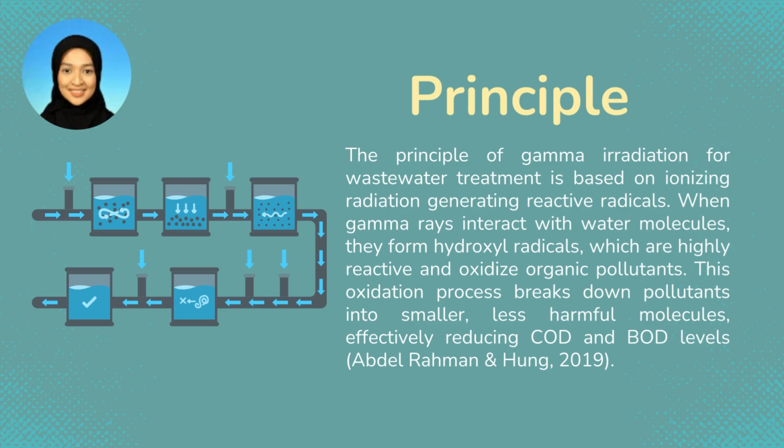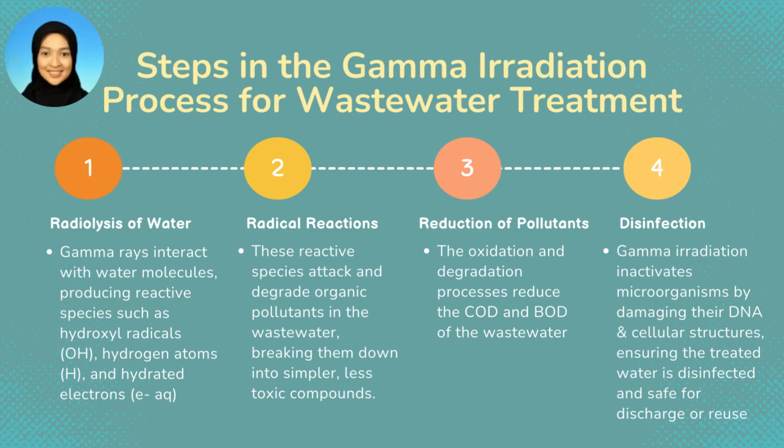This oxidation process breaks down pollutants into smaller, less harmful molecules, effectively reducing the chemical oxygen demand (COD) and biological oxygen demand (BOD) levels. Gamma irradiation effectively treats industrial wastewater by generating reactive radicals that degrade pollutants and disinfect the water.